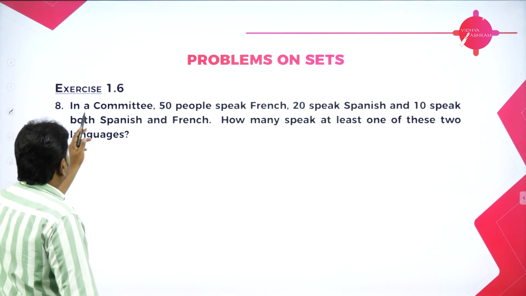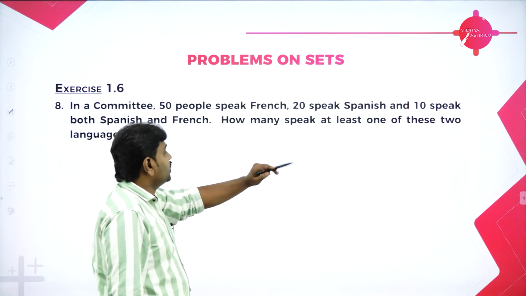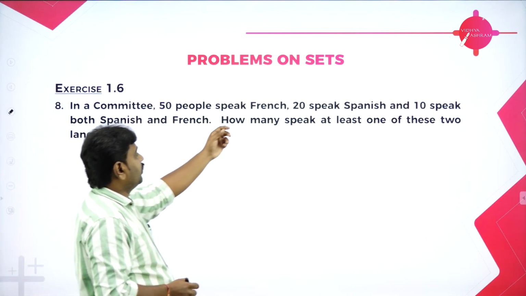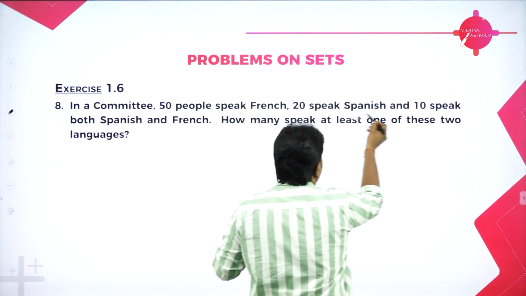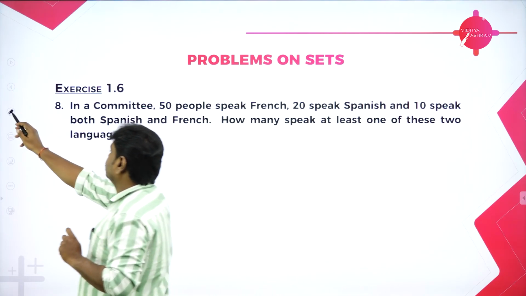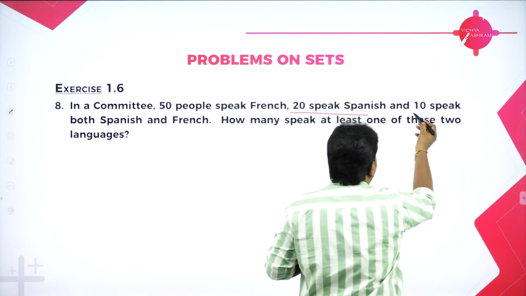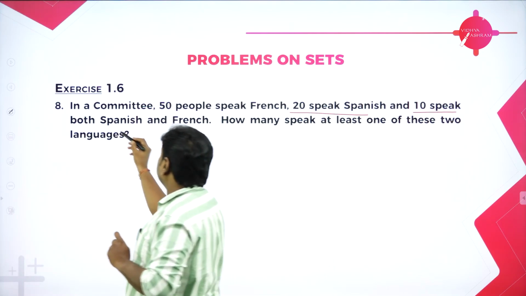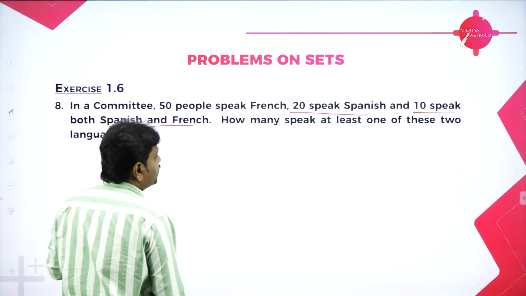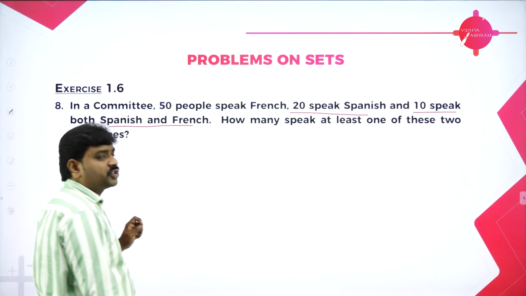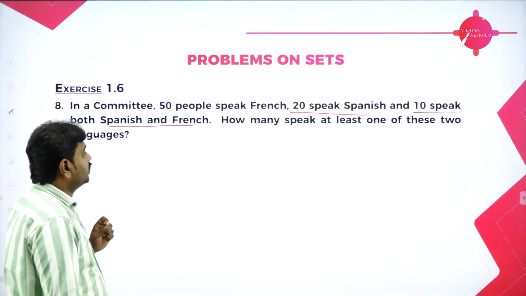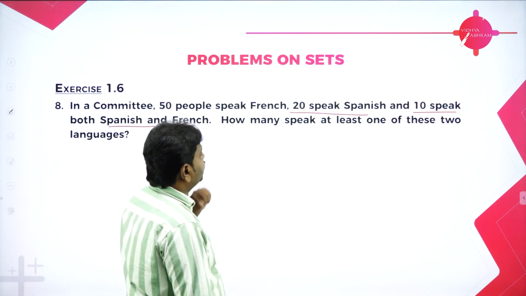You can do it. In a committee, 50 people speak French, 20 speak Spanish, and 10 speak both. How many speak at least one? See here, both were given, and one language was given.